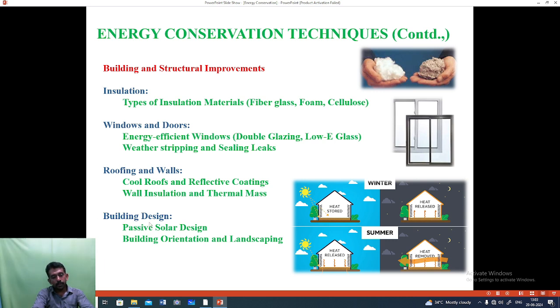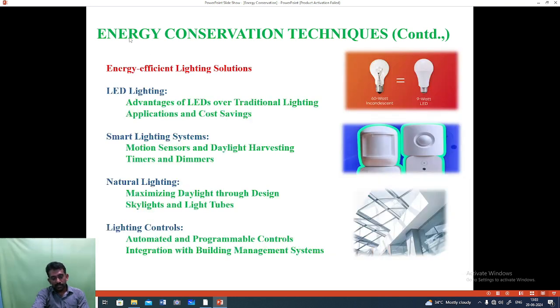And coming to building design, passive solar building design avoids maximum exposure to the sun. And building orientation and landscaping all aim to reduce the heat coming from the sun's radiation towards the inner comfort space for humans, thereby reducing the flow of heat and ensuring the conservation of energy.